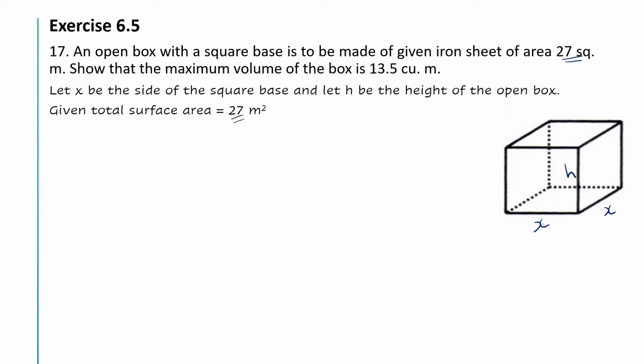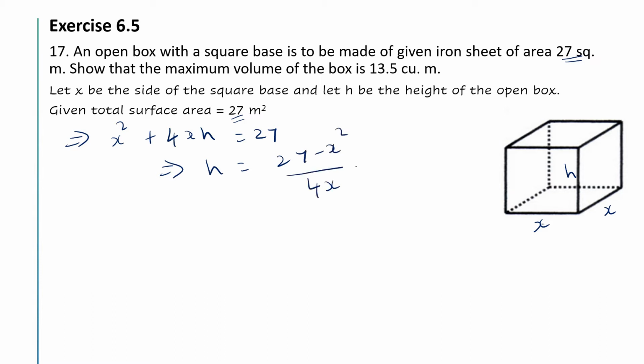So from this we have x square plus 4 into xh equal to 27, or from this we have h is equal to 27 minus x square divided by 4x. Now we have to show that the maximum volume is 13.5 cubic meter. So we have to maximize the volume.